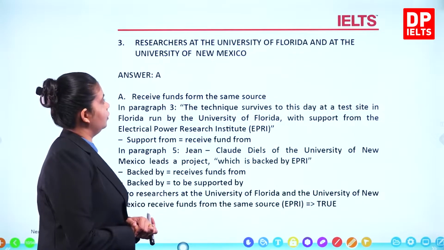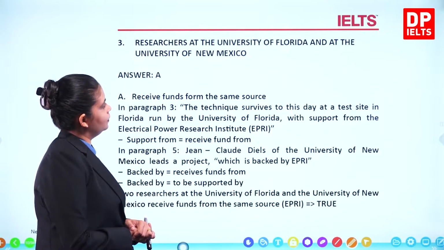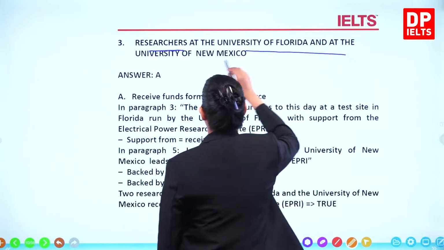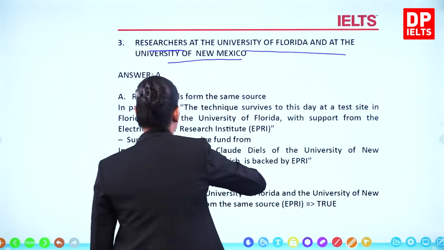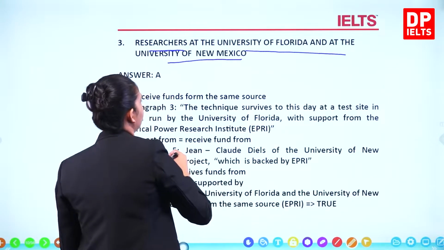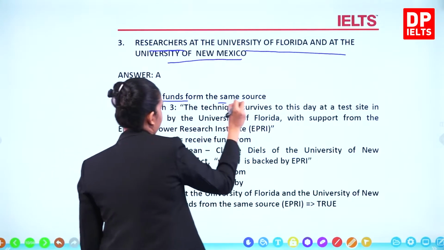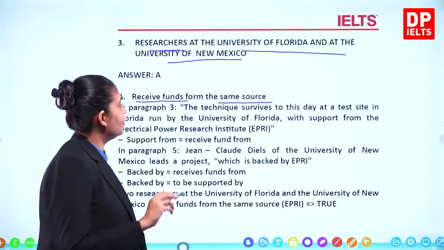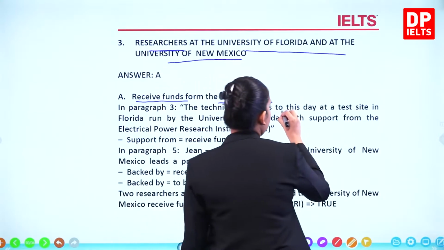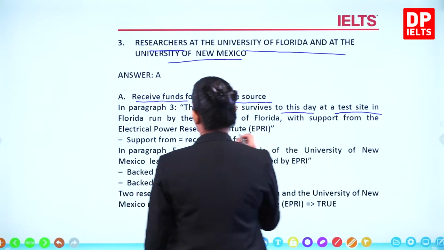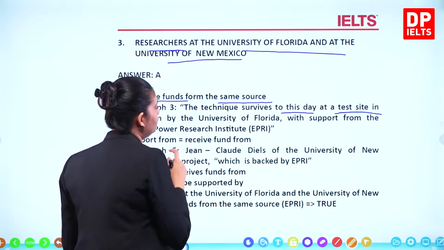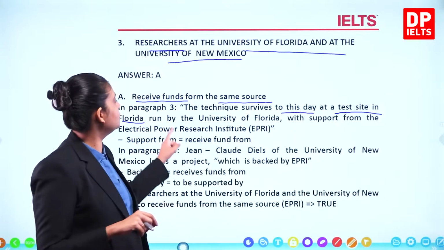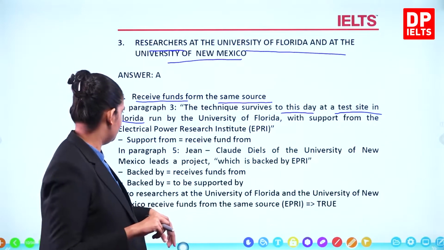Okay, question number 3. Researchers at the University of Florida and the University of New Mexico. So, really the answer is A. Receive funds from the same source. In paragraph 3, it states, the technique survives to this day at a test site in Florida, right, run by the University of Florida with support from the Electrical Power Research Institute.